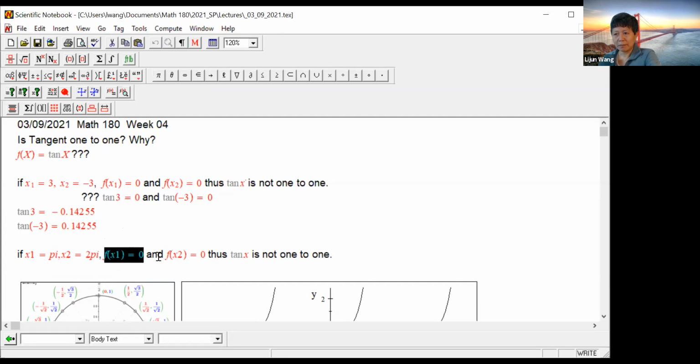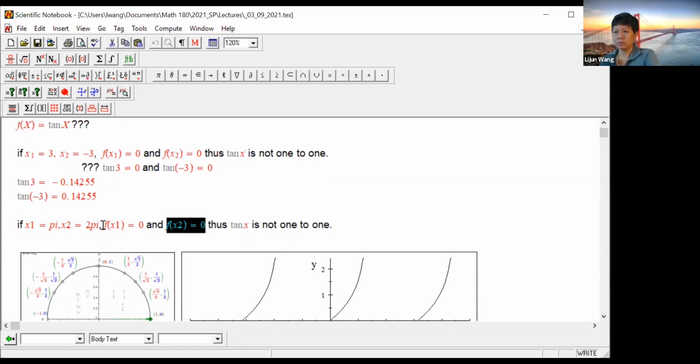How about his statement? Are these two statements true? Is tangent pi equals 0? Yeah. Tangent pi equals sine pi over cosine pi. Sine pi is 0, right? Correct.